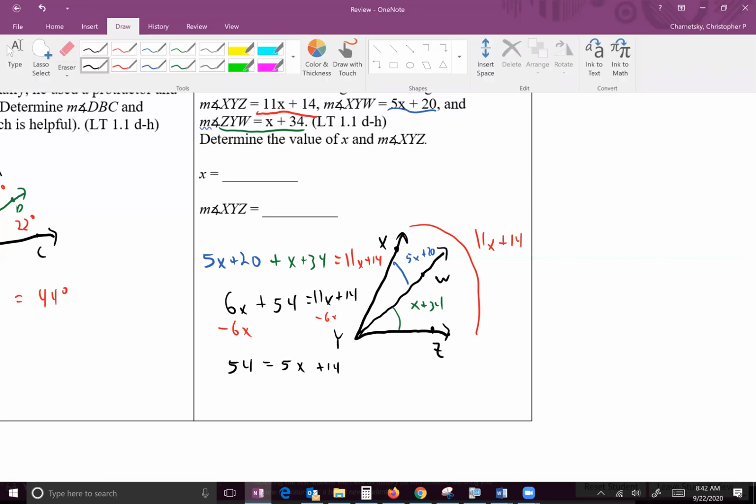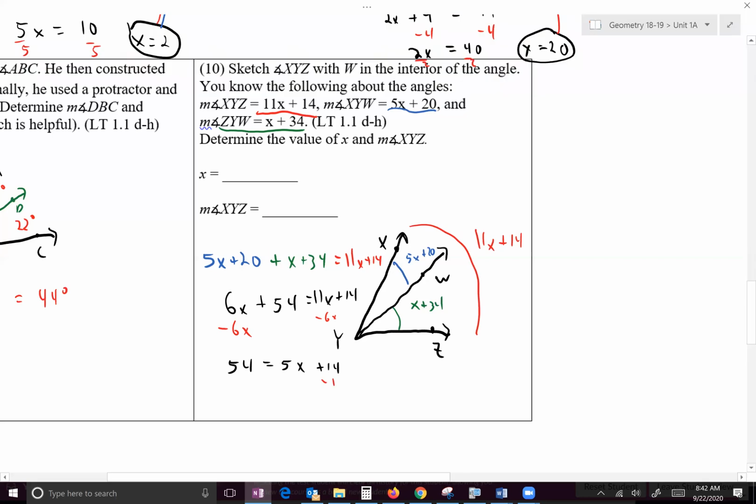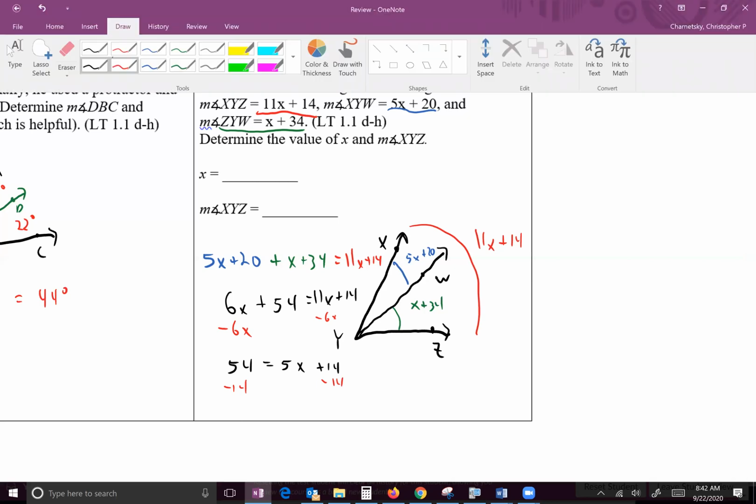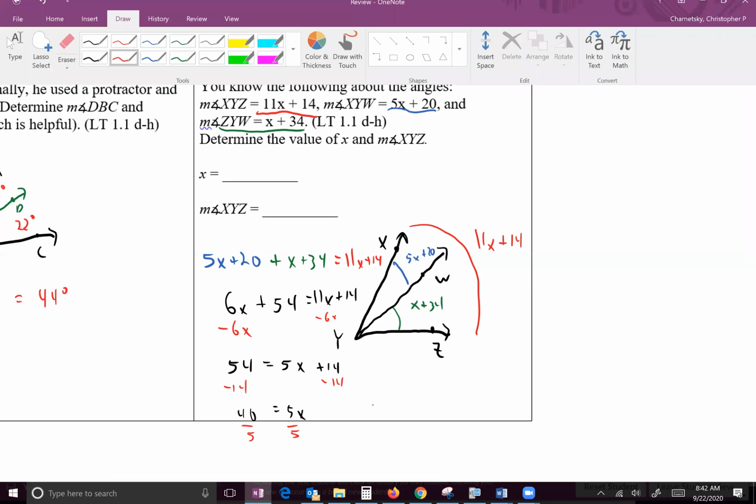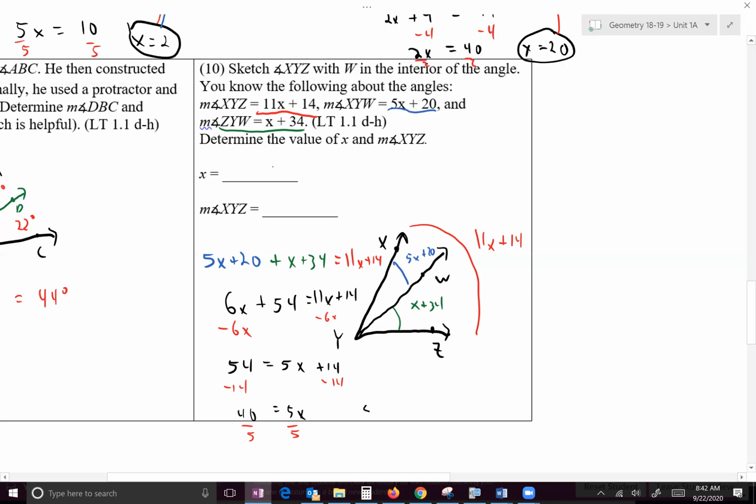Going to subtract 14. That's going to be 40 equals 5x. Divide by 5. And we get 8 equals x. Okay. That's our answer for x.